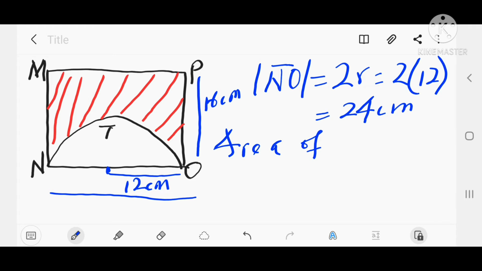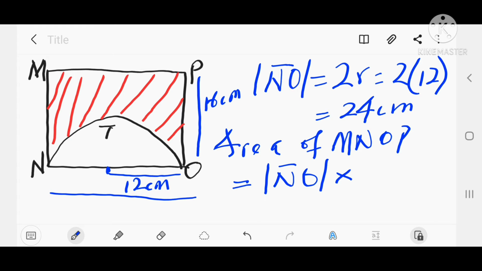So that means the area of rectangle MNOP will be equal to the length times the breadth. The length, which is line NO, times the breadth, which is the line PO.